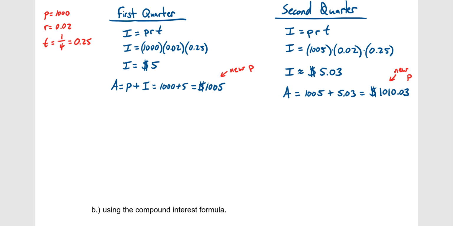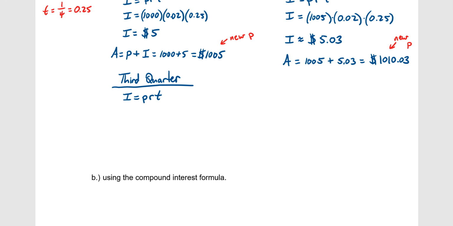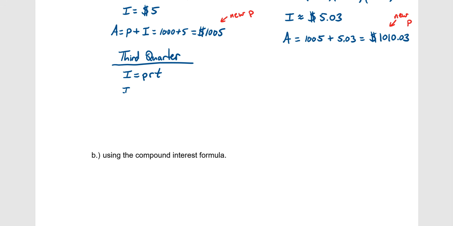And let's go ahead and do it for the third quarter, and we'll do this one a little bit quicker. So we have our formula, and we're going to plug in our values. The new P value we're using is the one that we just found from the second quarter. So that value for P times the same interest rate times the same time, and we plug all this in, and we get about, once again I'm rounding, about $5.05.